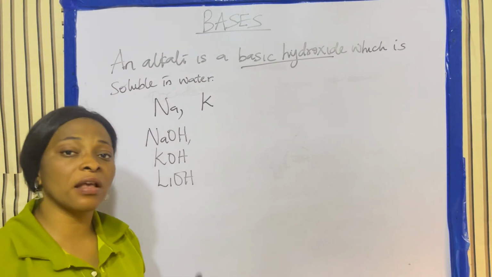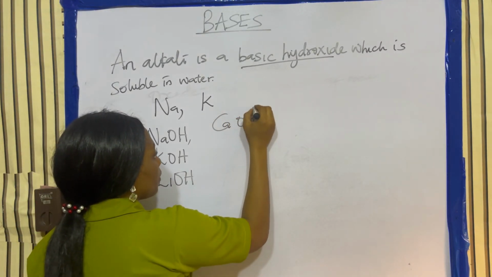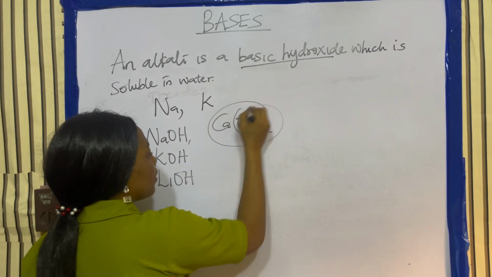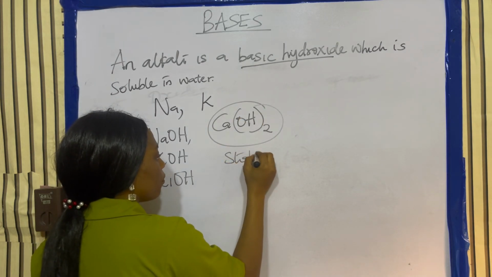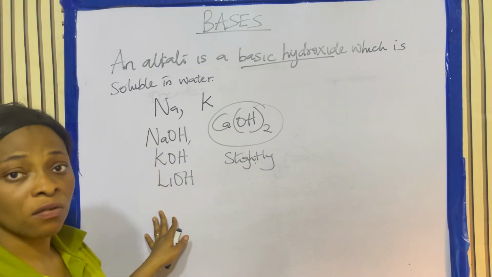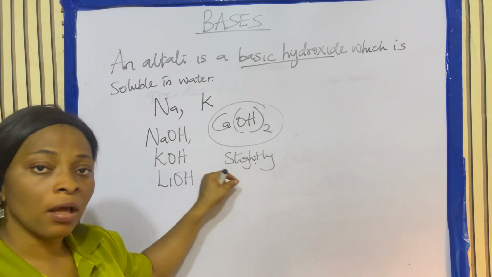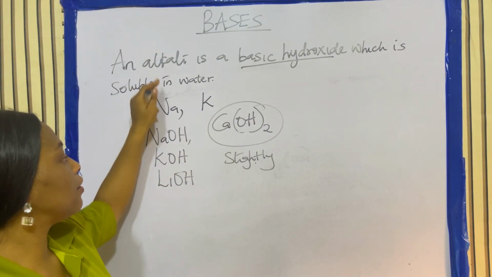Then there is also an exception to that. You also have calcium hydroxide. However, this calcium hydroxide is slightly soluble, but these ones are readily soluble. Calcium hydroxide is slightly soluble and it is also an alkali.